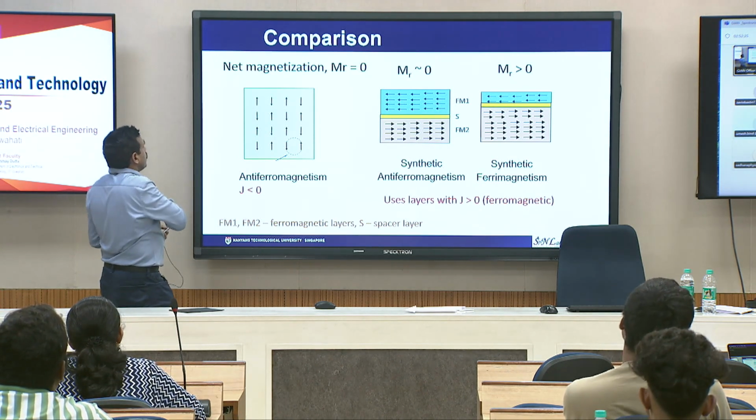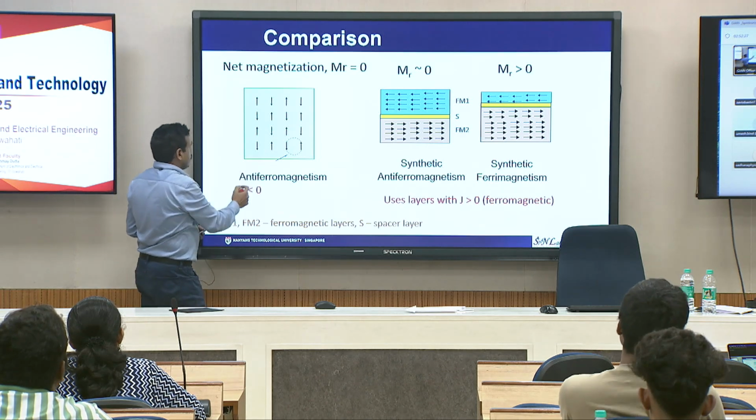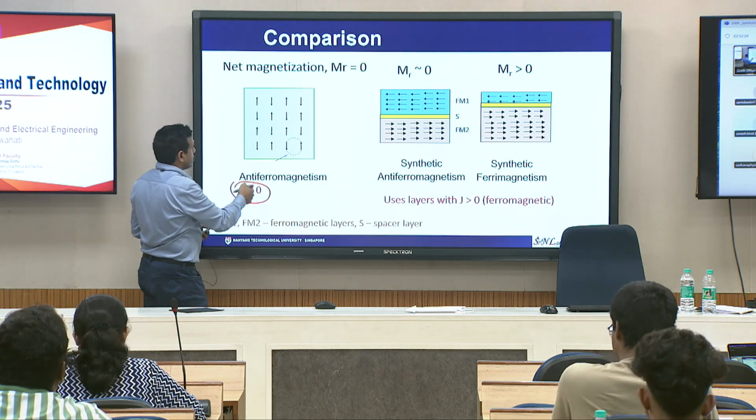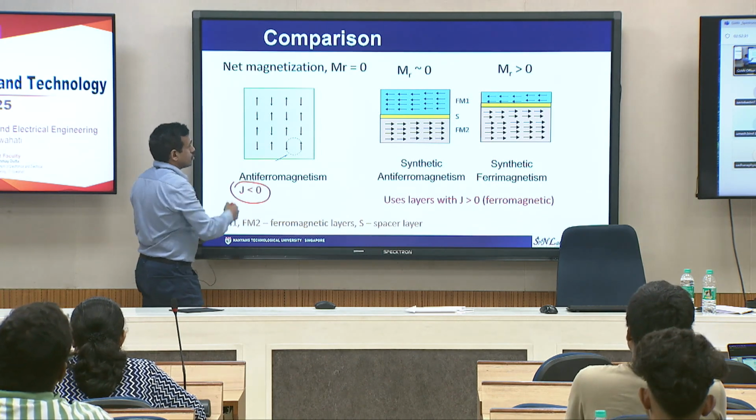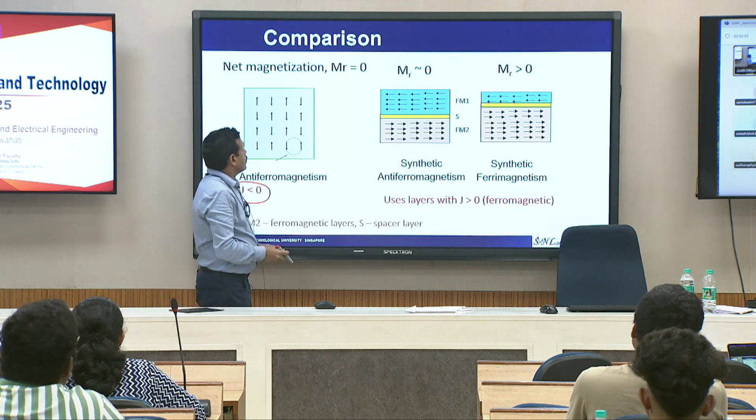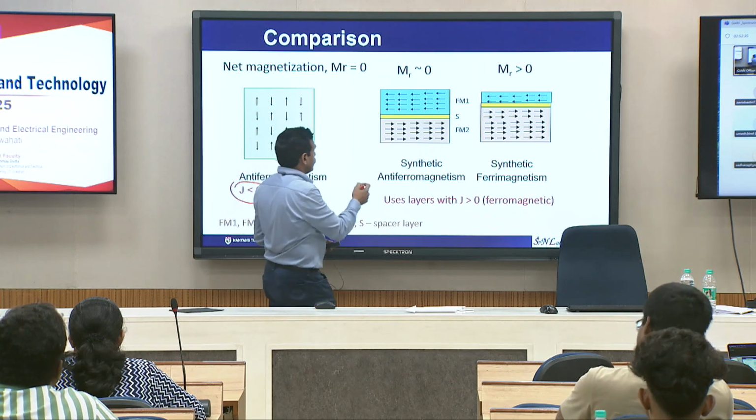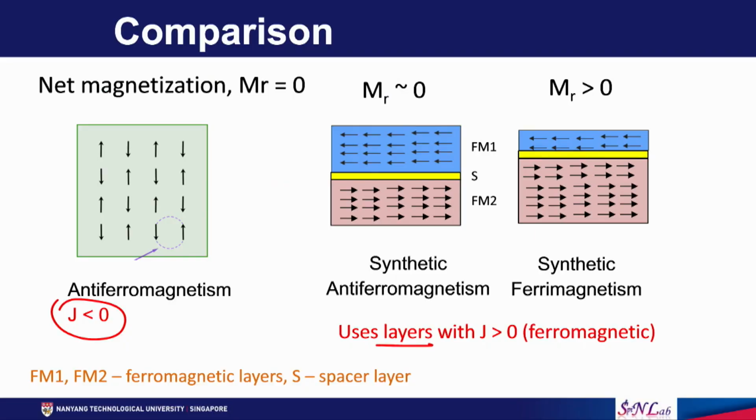So, in antiferromagnetism, the interaction itself is like J is less than 0. In synthetic antiferromagnetism, we use certain layers that give rise to this kind of interaction. Okay, let me erase this one.